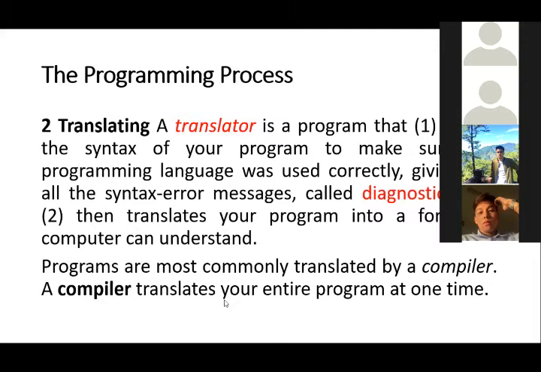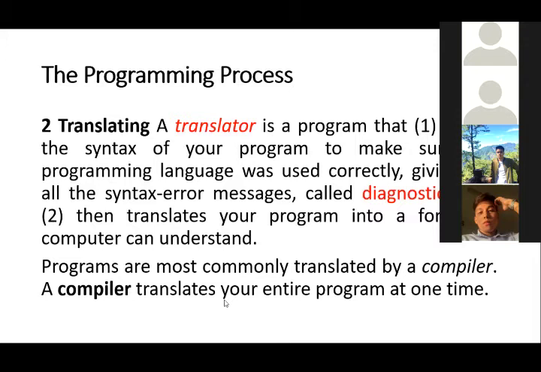Actually translator, dalawa. Compiler and interpreter. Ang compiler, babasahin niya yung buong program and then mag-create siya ng another file na maintindihan ni computer. So, buong program niya babasahin and then one time lang yung translation. That's compiling or compiler.